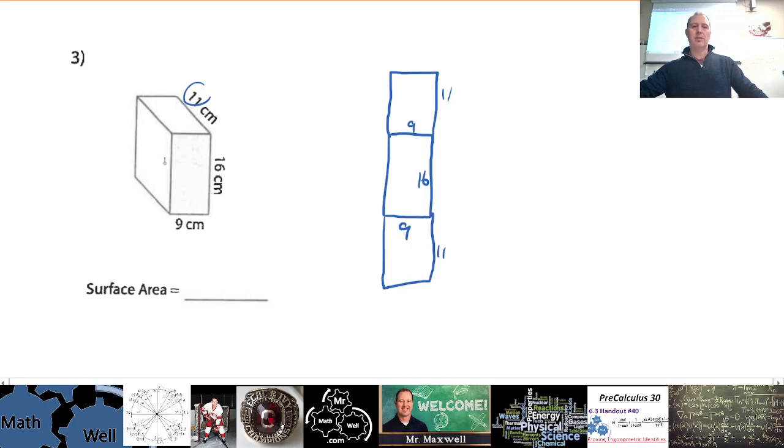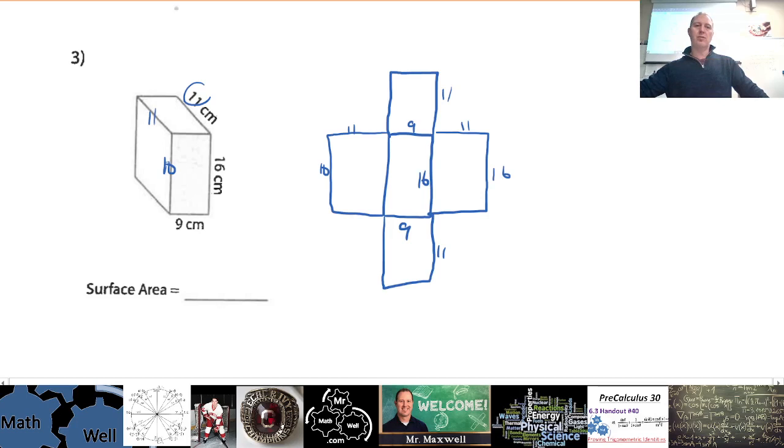This little side here is going to be 16 by 11, same as the other side. And then the back side, we'll stick that on somewhere. The back side can go attached to the top, the bottom, or one of the sides.